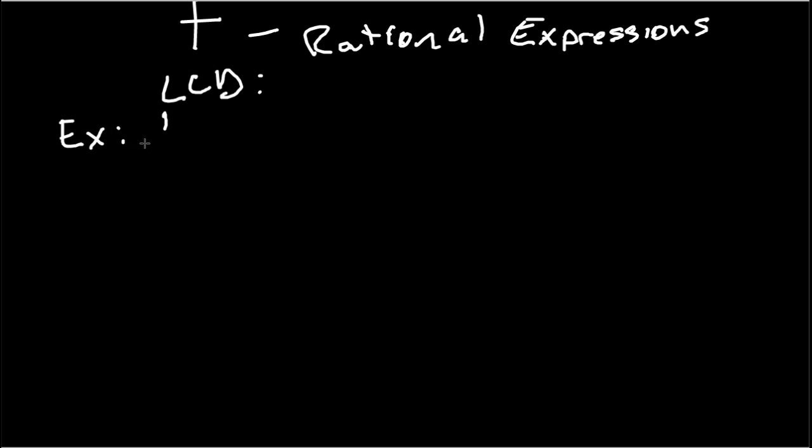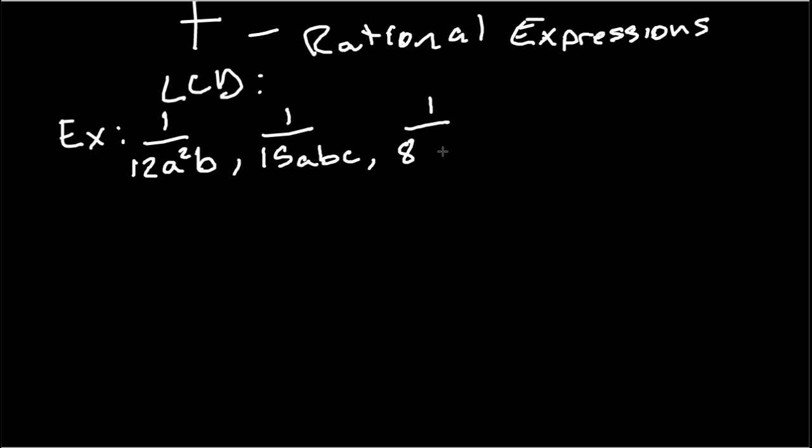Let's say we've got 1 over 12a squared b, and let's say we've also got 15 over a, b, c, and let's go 1 over 8 b cubed c to the 4th.